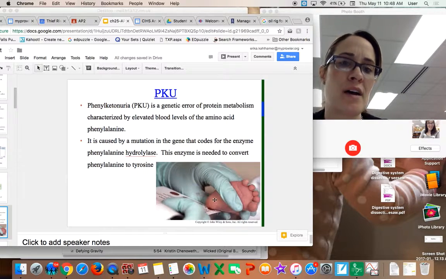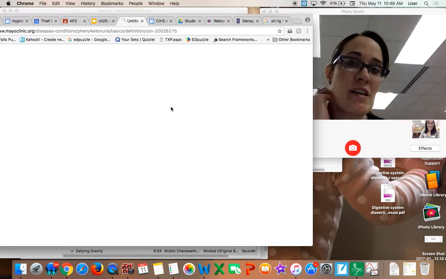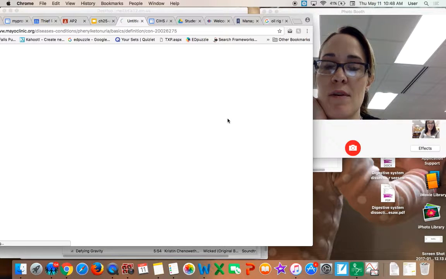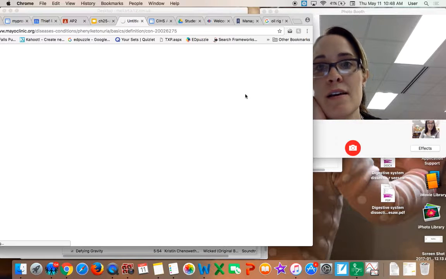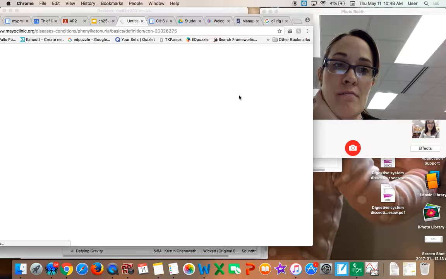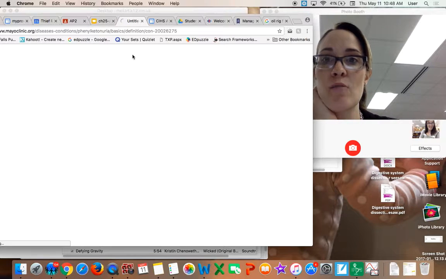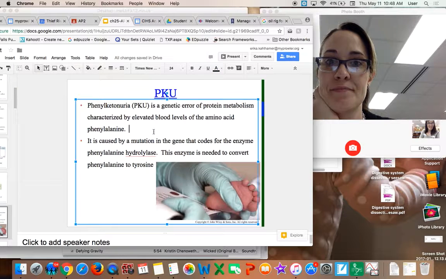Here we show a heel prick test for PKU that hospitals do on newborns to make sure that they don't have it. And I just have a link here to the Mayo Clinic to talk about PKU and the details of it. That amino acid is built up, and that's not working right now, but you can take a look at it.